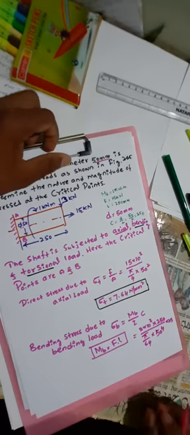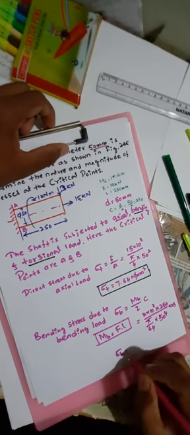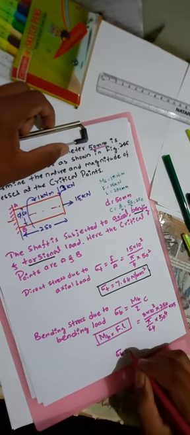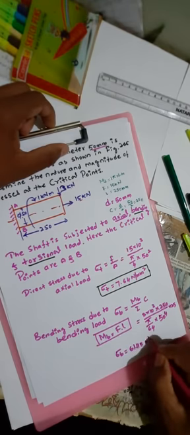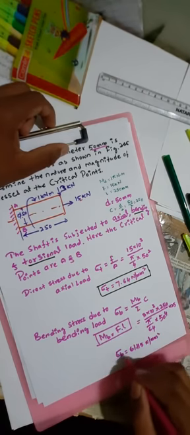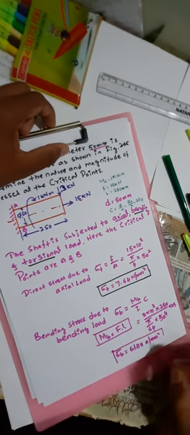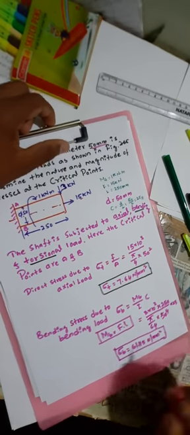If you simplify this, sigma b is equal to 61.115 Newton per mm square. Here tensile at point A, and compression at point B.